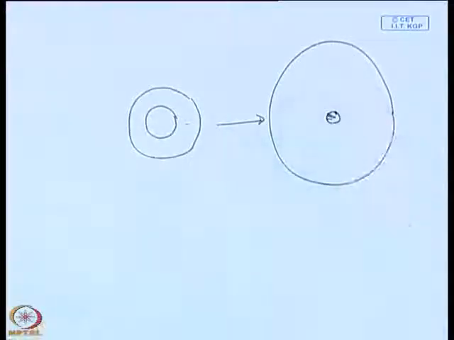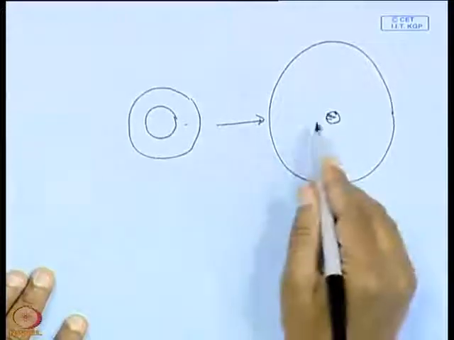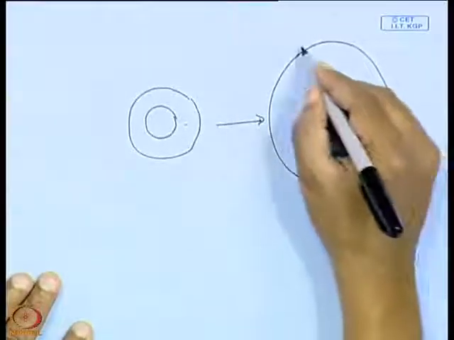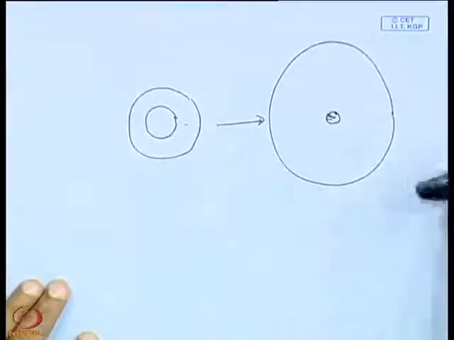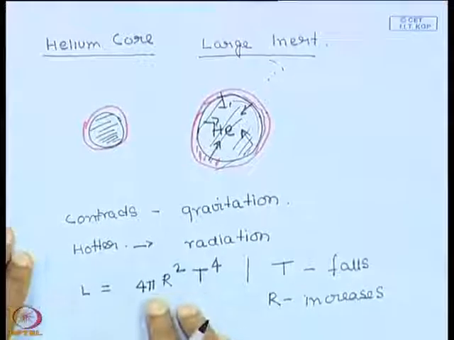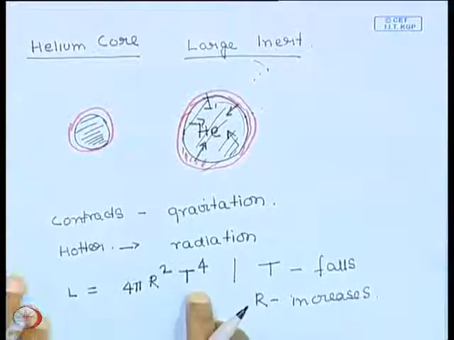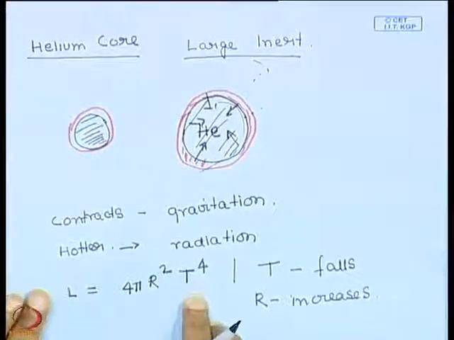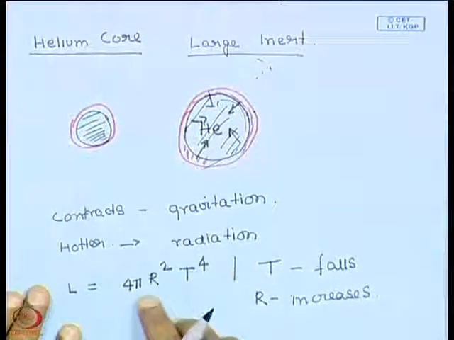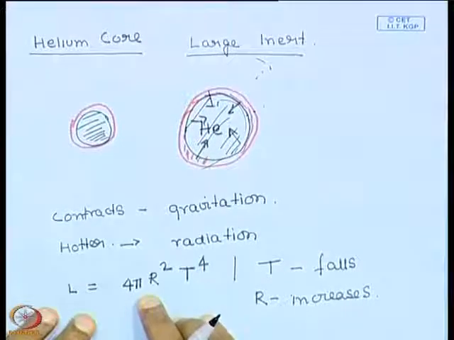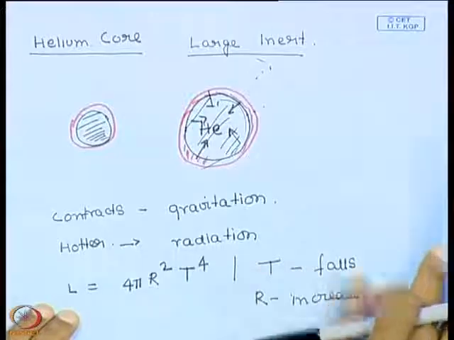The temperature of these regions falls, but the increase in the radius more than compensates for the fall in temperature, and the luminosity goes up.